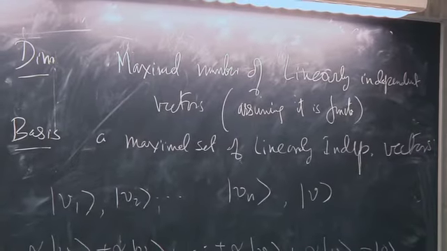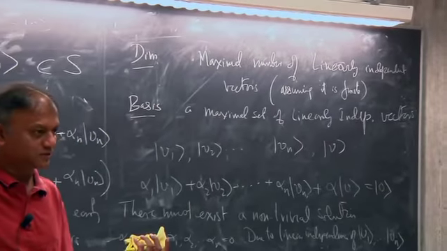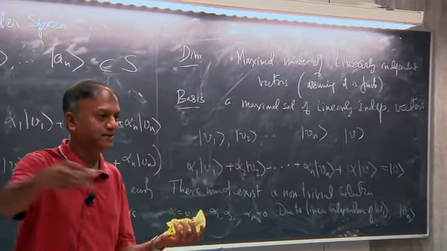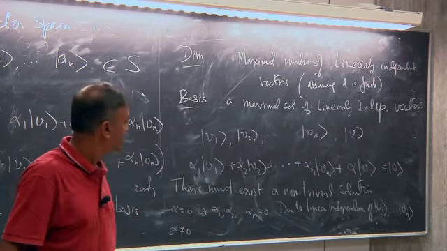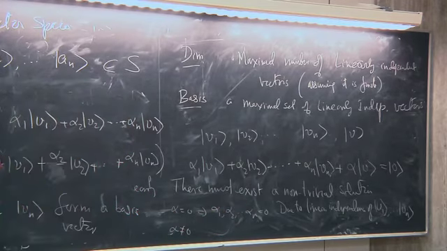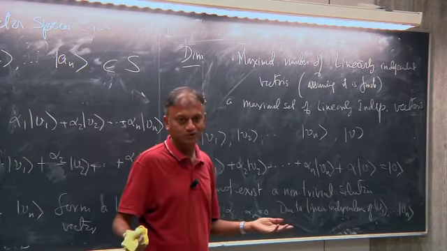It's a maximal set. So if I add any other vector to that, then it's not linearly independent. So I can express the new vector as a linear combination of the previous vectors. So this is the main idea here. But obviously, it's not unique, right? I said a maximal set, but there are many maximal sets you can put, right?